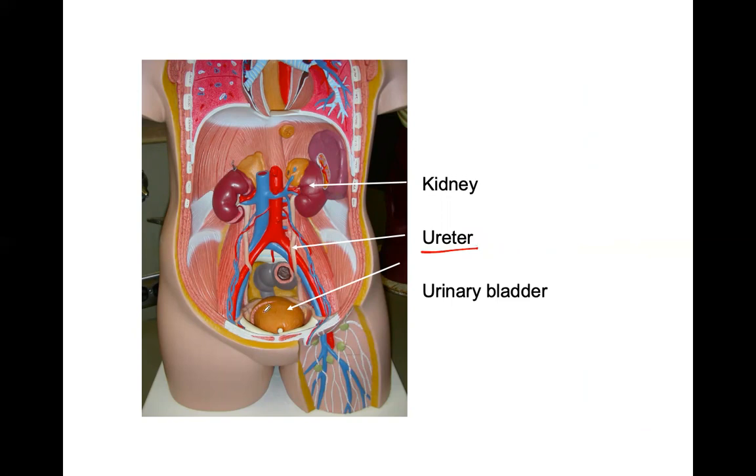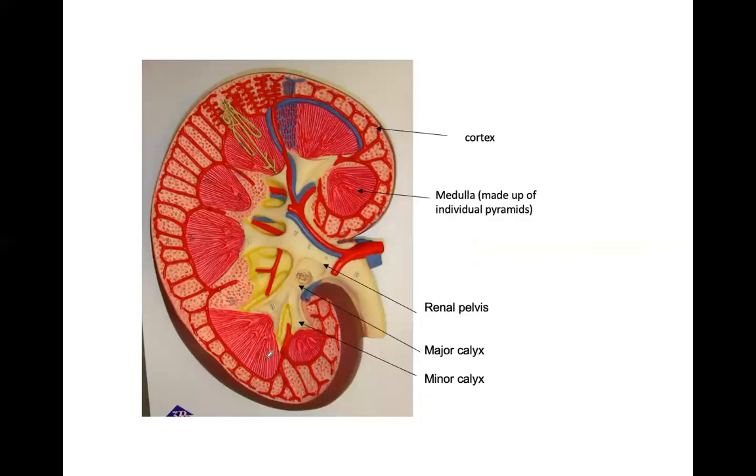And then lastly, that urine can get stored inside the urinary bladder. And if you were to imagine or depict this, it opens up to the outside through a tube, which is called the urethra. Again, this model does not depict that for you, but you can kind of visualize that.